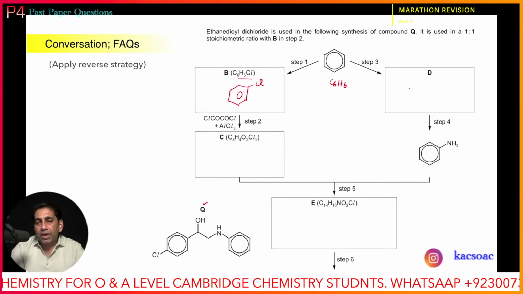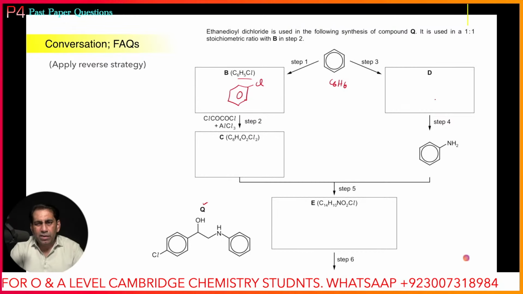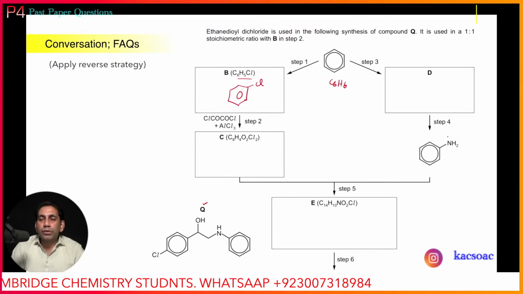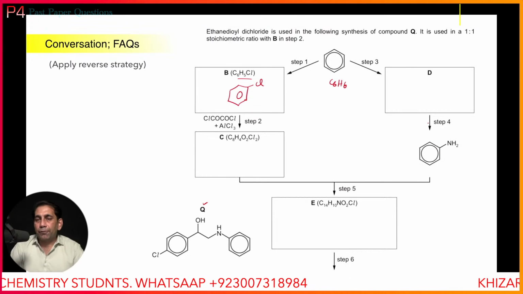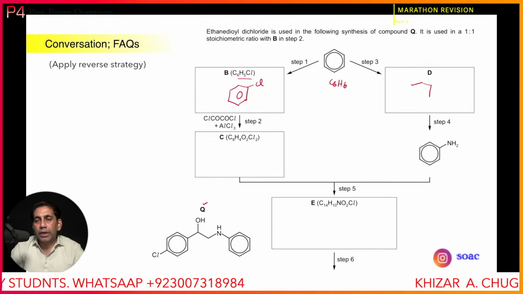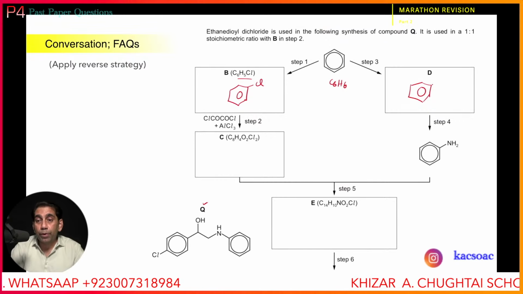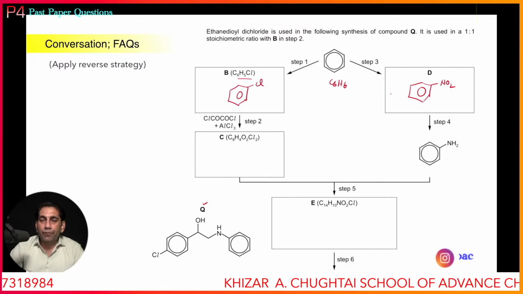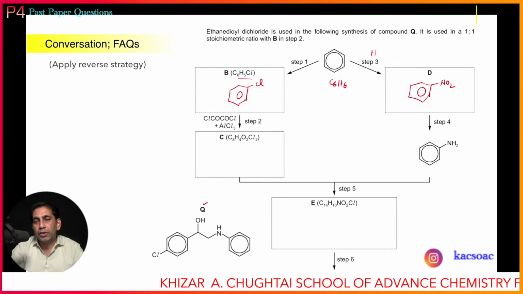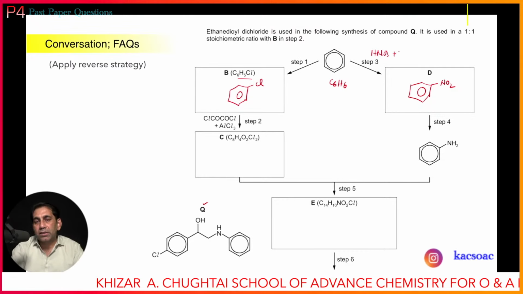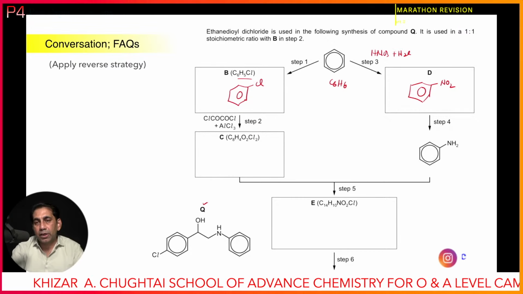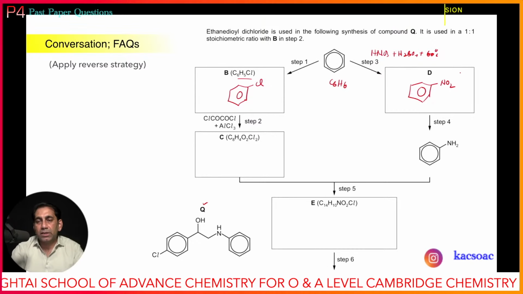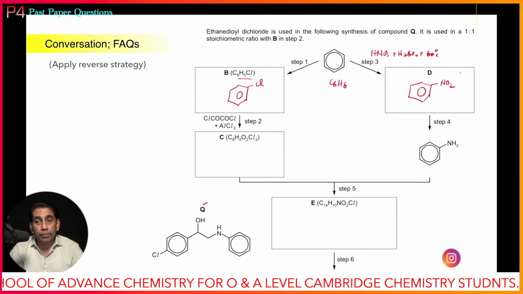Now come towards step 3. Can we do it directly? Yes, we can, because now we know that to introduce an NH2 group on the benzene ring, first of all, we will have to introduce a nitro group on the benzene ring at the same position. So in step 1, basically you know HNO3 concentrated, H2SO4 plus 60 degrees Celsius, and we are going to have nitrobenzene.